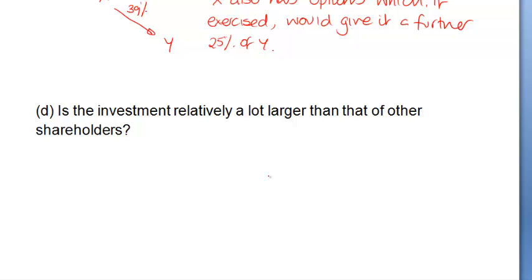Now this next one is a bit of a strange one. Is the investment relatively a lot larger than that of other shareholders? So we might own less than 50%, but everybody else owns peanuts.